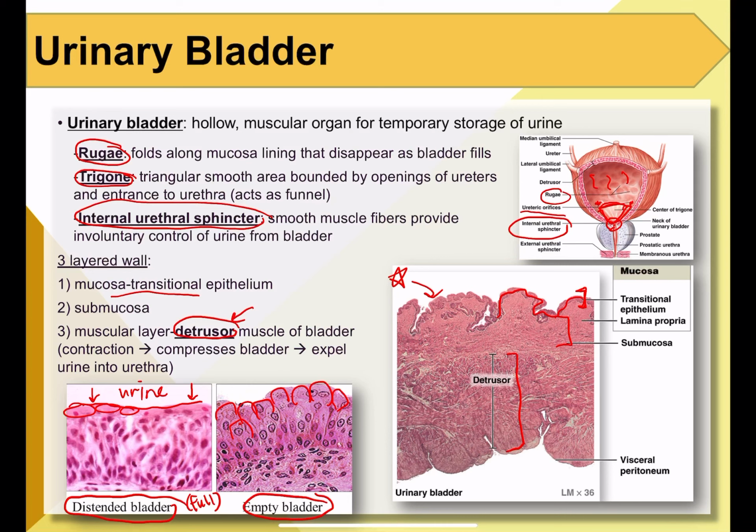When you're ready to pee, the bladder will contract, which causes these detrusor muscles to contract, that will compress the bladder and allow urine to be expelled from your bladder into the urethra. And then of course you voluntarily release urine from the external urethral sphincter. Okay, all right.